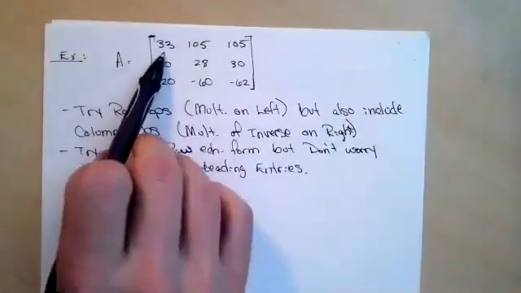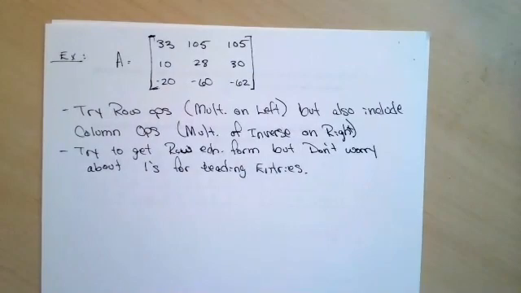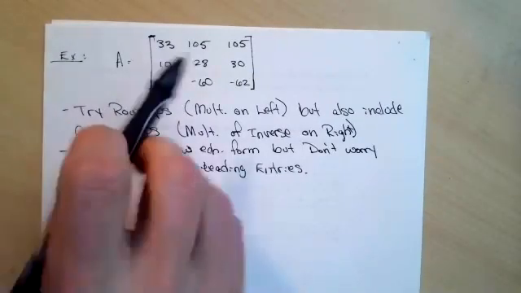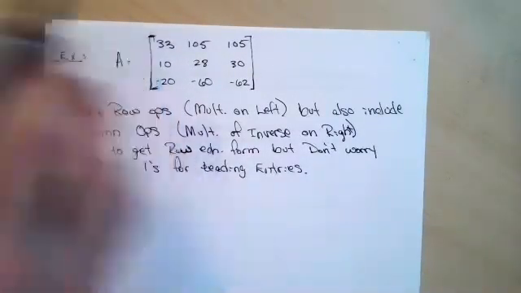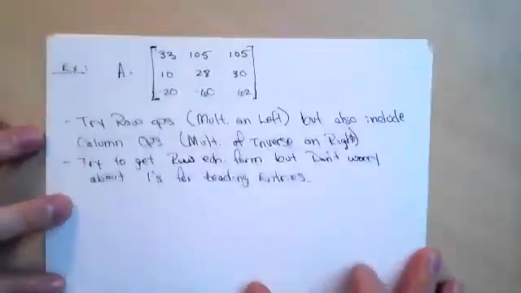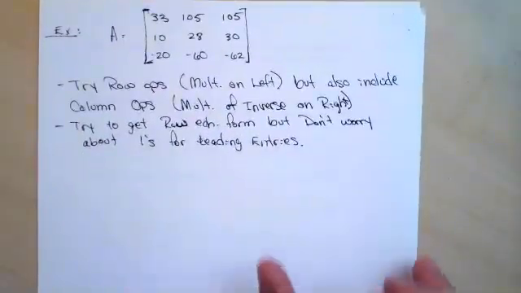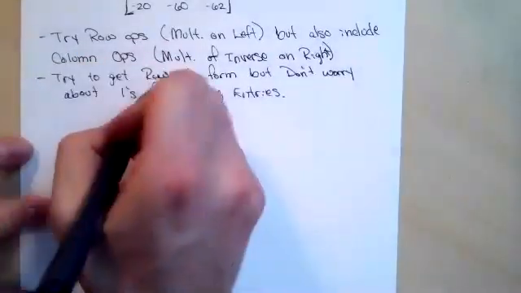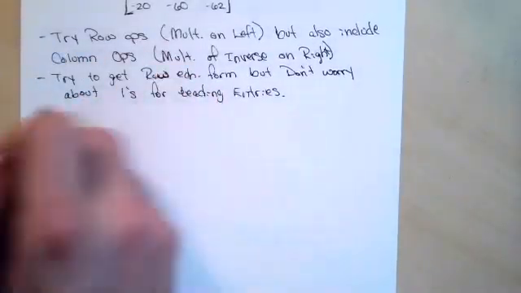We want to get this 33 entry as close to 1 as we can, or as small as possible based off of some row operations from the other entries. So what do we want to do? Let's try to write this out. Unfortunately, I think this example is going to take us a little while to get through, since I do want to go through it a little carefully.